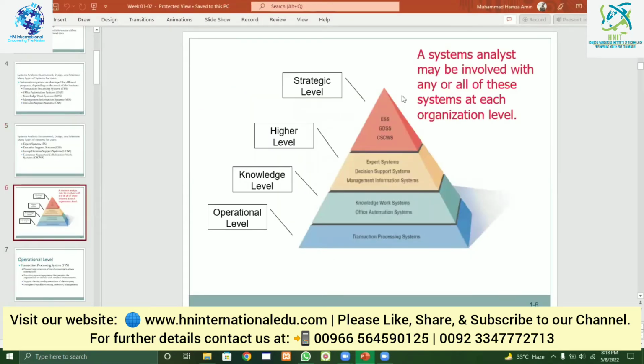Okay, so here we have that a system analyst may be involved with any or all of these systems at each organization level. Any organization must have some system analyst.